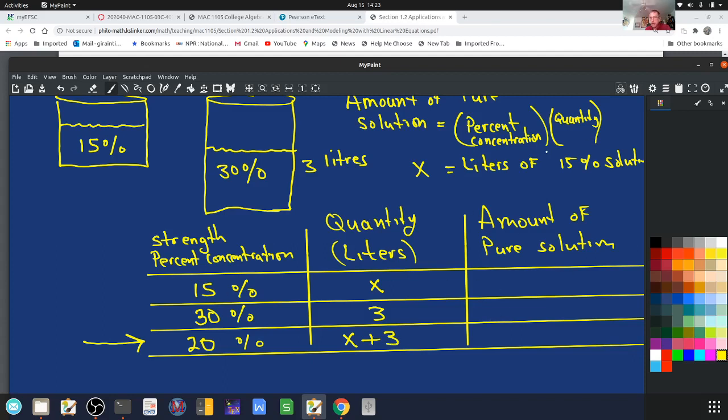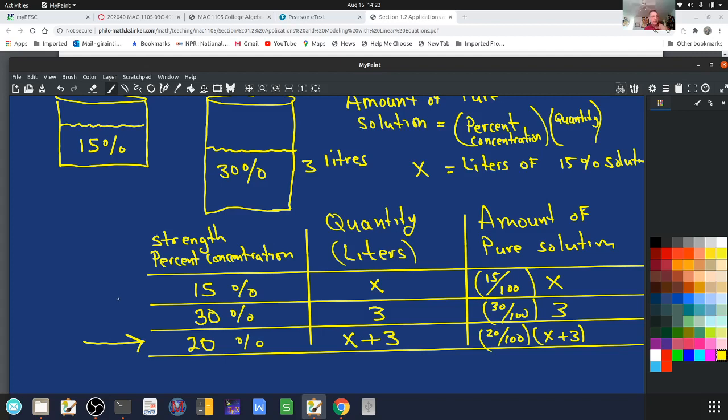Just by the formula, that's 15%, which is 15 over 100, times x. This is 30 over 100 times 3, and this is 20 over 100 times x plus 3.